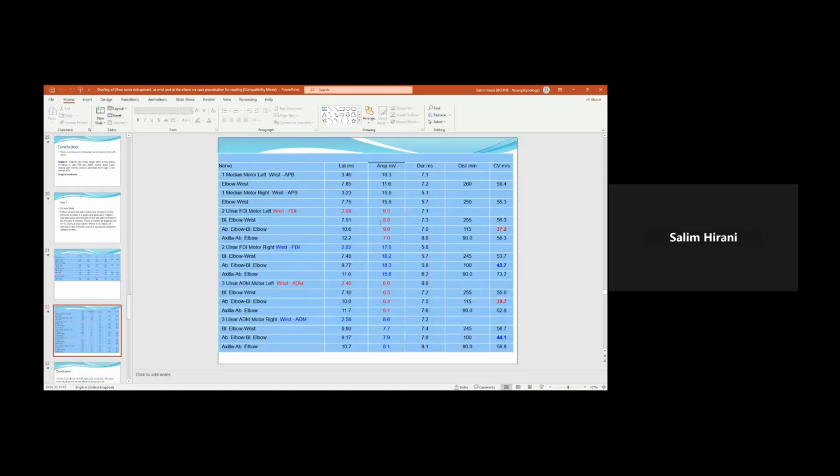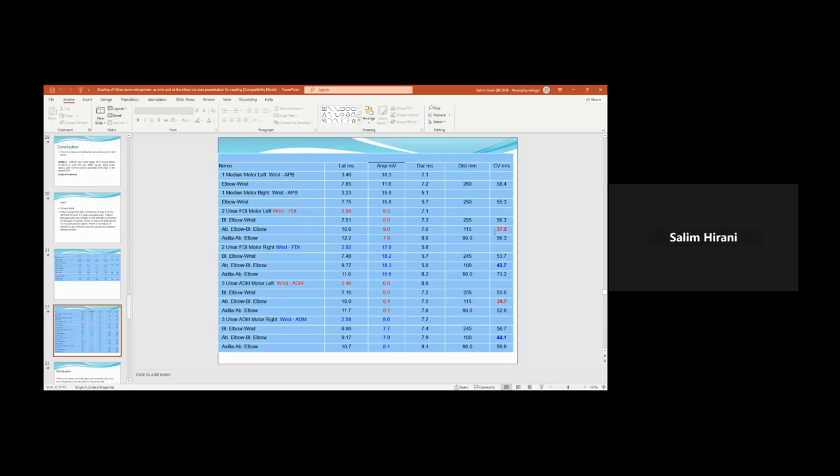Motor distal latencies of both medians are normal, and palm to digit ulnar is less than 4.5, which is also normal. Amplitude wise, all are above 5, and the median conduction velocities are normal.